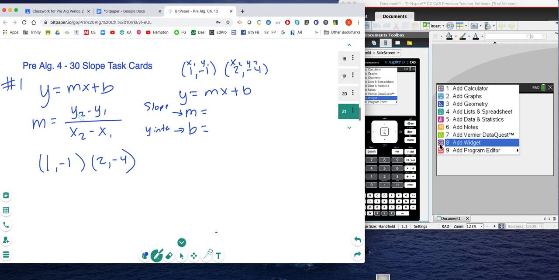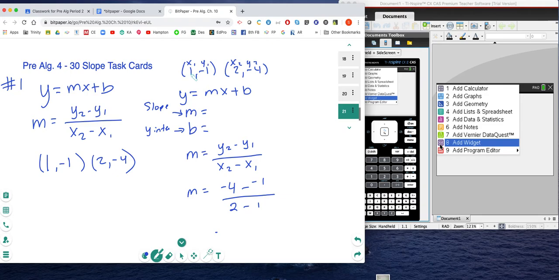So when we find our m, we're going to use our slope formula. M equals y2 minus y1 divided by x2 minus x1. So we come up to our ordered pairs, and m equals -4 minus our y1, -1, divided by our x2, which is 2, minus our x1.